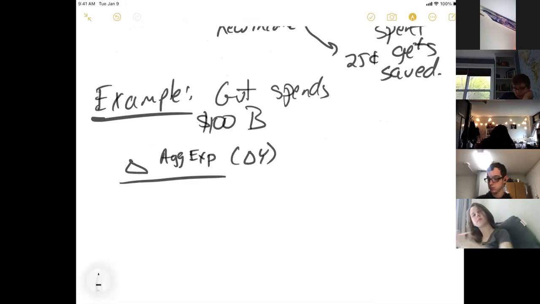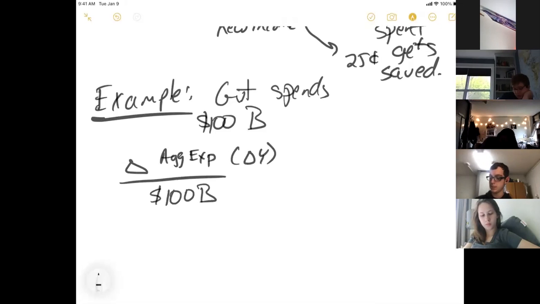What happens at the beginning? The government spends $100 billion, so what's the change in aggregate expenditure? $100 billion.